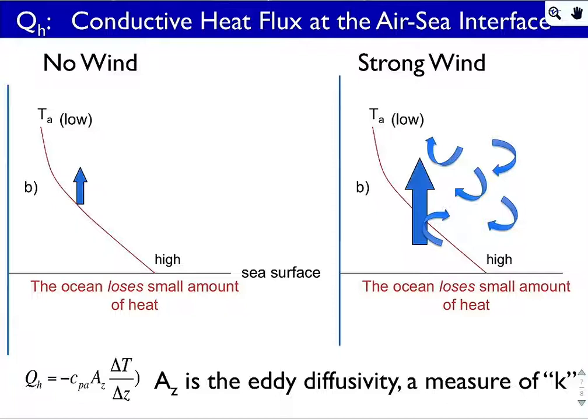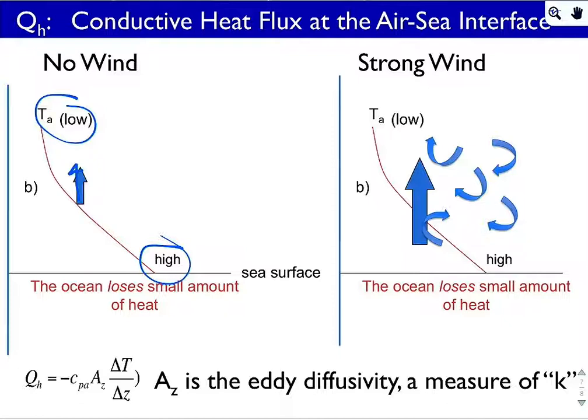If there is no wind, the air is essentially still or moving very slightly. In this case, the conductivity is very low. You have an air-sea temperature difference, but how much heat is moving depends on the air being able to move it up and away from that ocean. But if it's still, it's unable really to transport the heat up and away from the ocean.